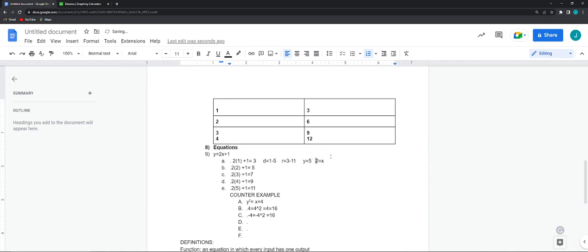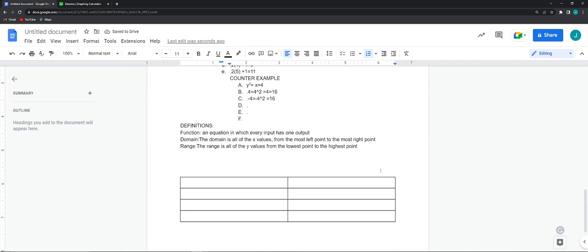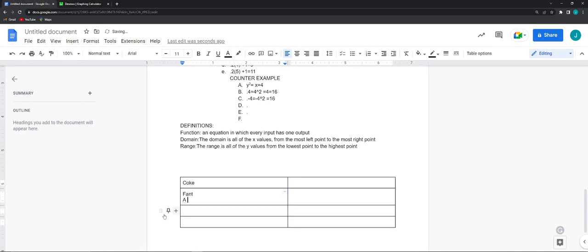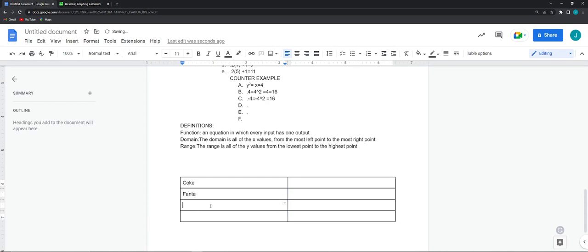So x equals 2. Now, a real life non-number related function, one I like to use, is buttons. So we have Coke, Fanta, Sprite, and Coke Zero.